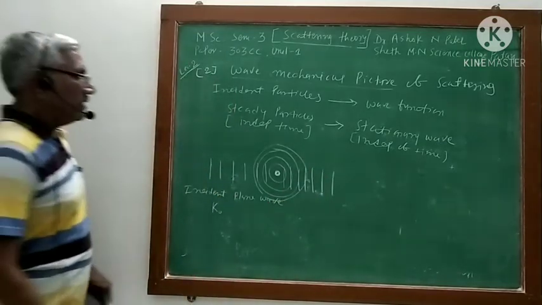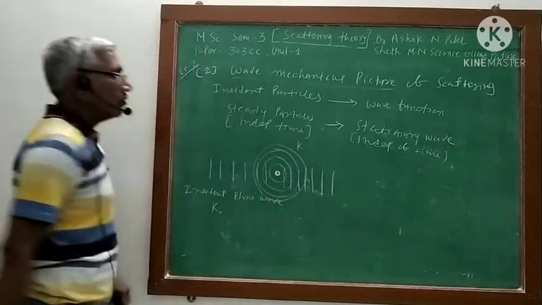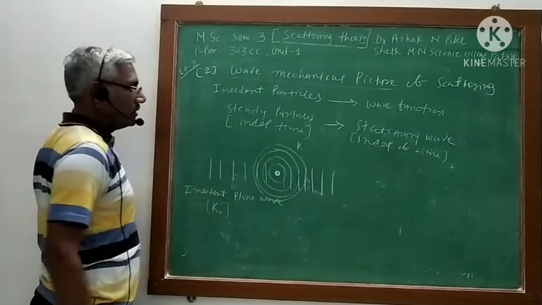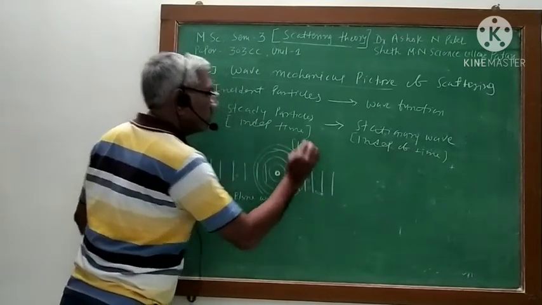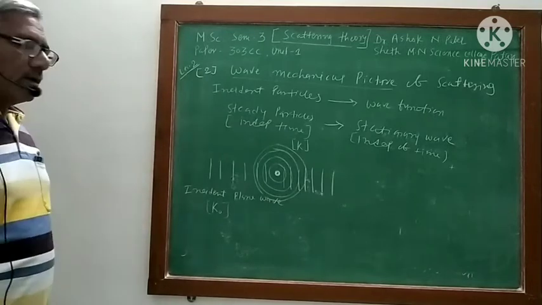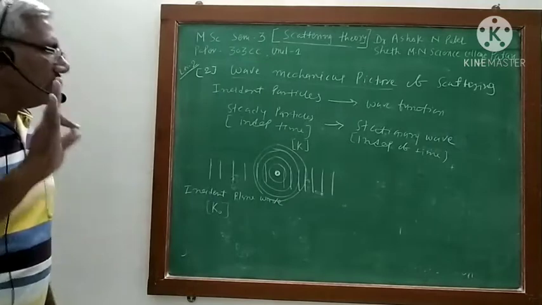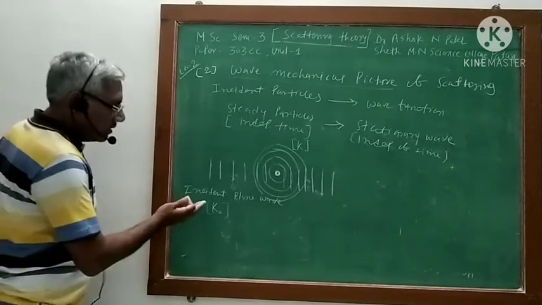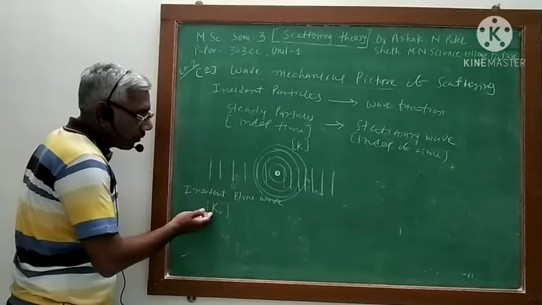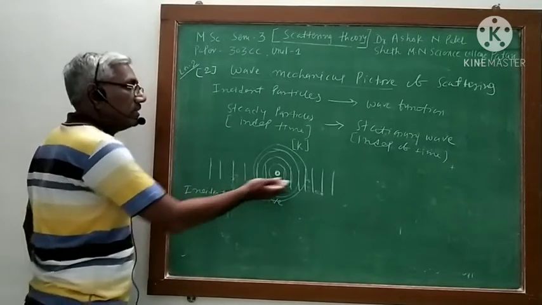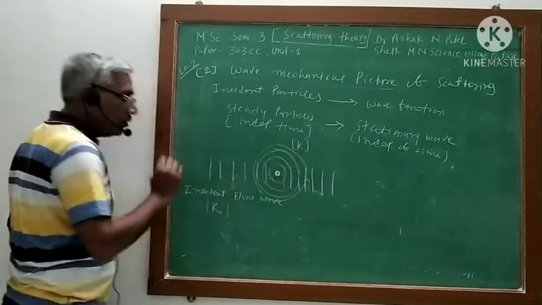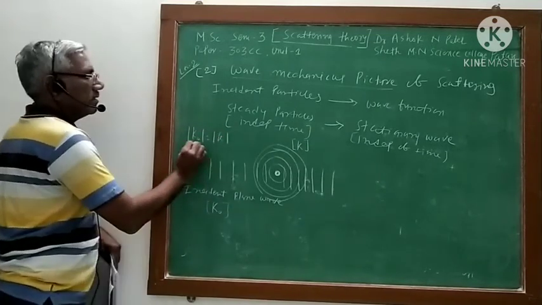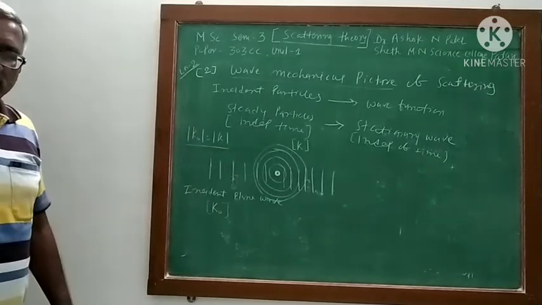And this scattered wave has a propagation constant k now. This is the incident plane wave with propagation constant k0. Now this is the scattered wave with propagation constant k. But you remember I told that this scattering process is an elastic one. In elastic scattering, the direction of the propagation constant changes, but its magnitude remains the same. So k0 is equal to k. This is for the elastic scattering.